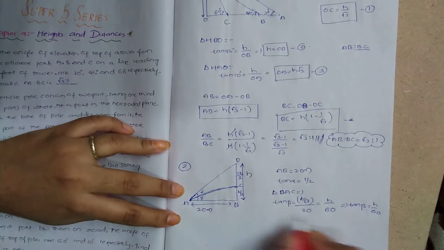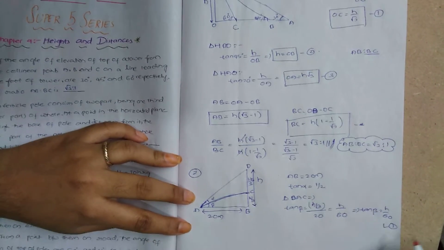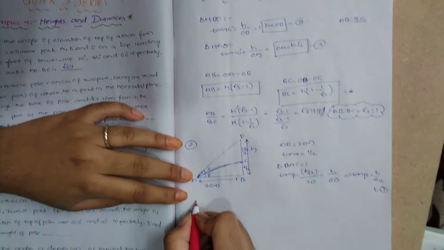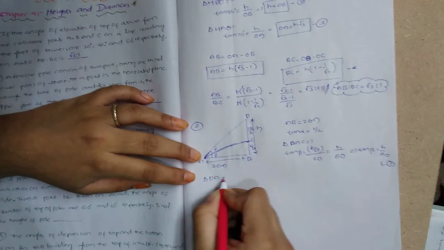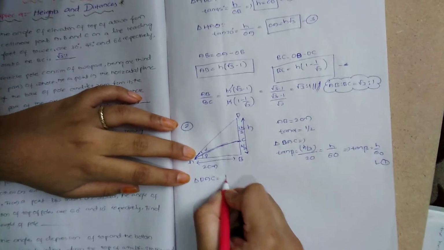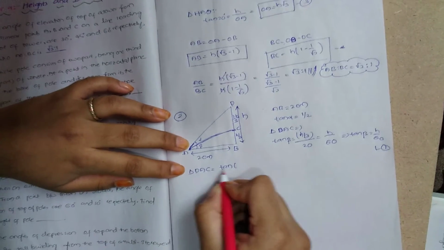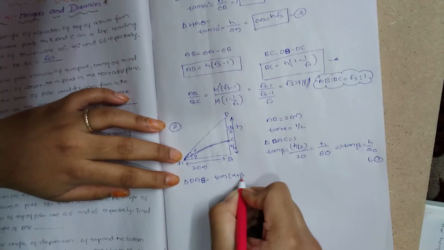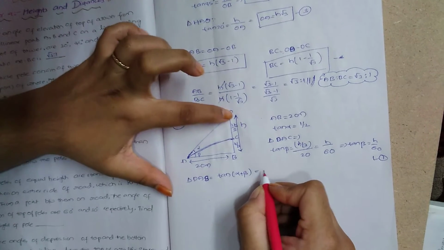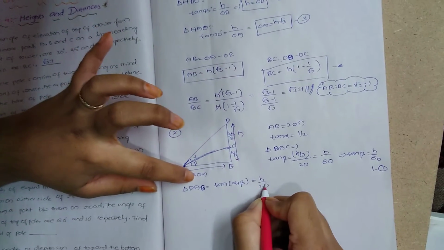Yes, now, okay, let us name it as equation 1. Now, same thing from triangle DAC, what do you get? Tan of alpha plus beta is equal to H by 20.